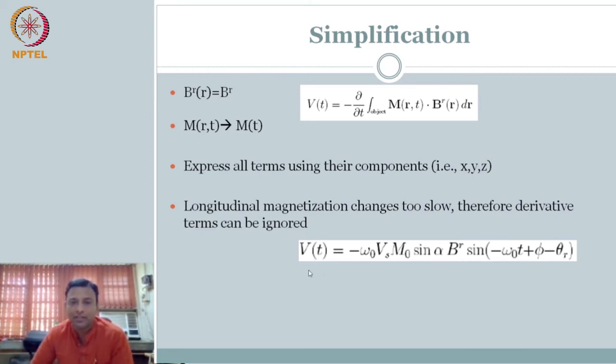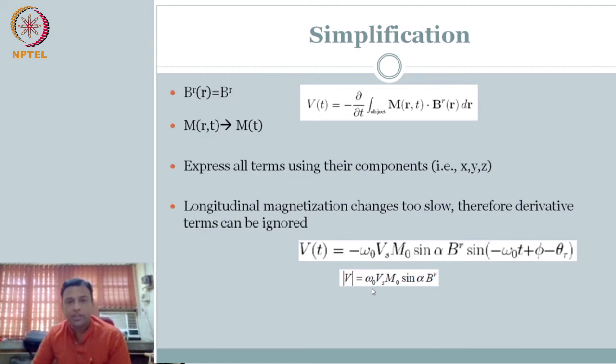So what do you measure? You measure a voltage, and the magnitude of that voltage is omega naught Vs M naught sine alpha Br. So what does this say? What do you know from before? You know something about omega naught, that is the Larmor frequency. What is the Larmor frequency? It is related to the magnetic field. You can increase the frequency by increasing the field strength. We saw this before.